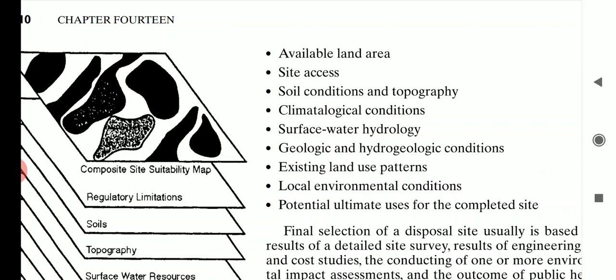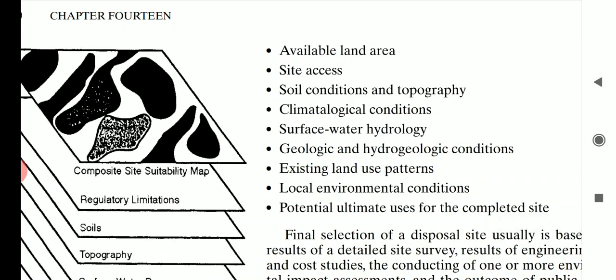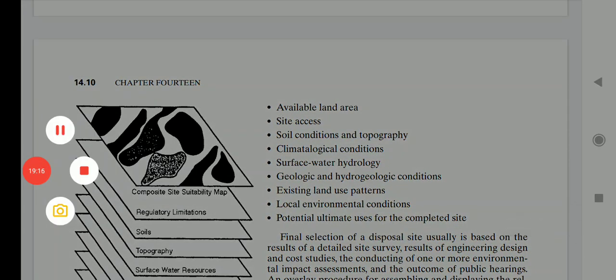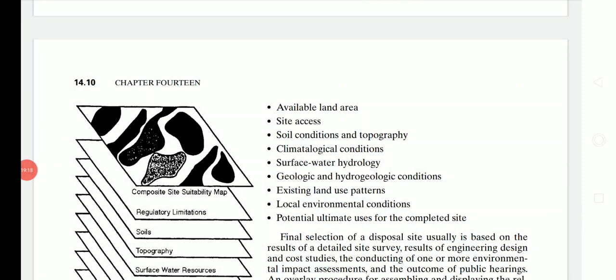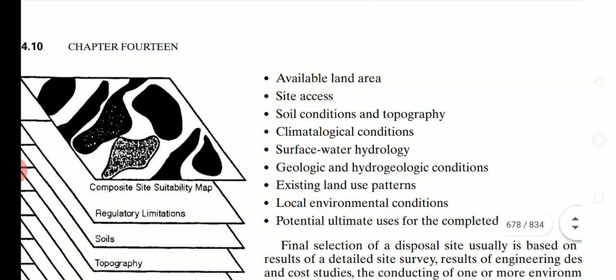Near the landfill site which you are selecting, no surface water source should be present, like rivers or ponds, because if it is present, the leachate produced from this site may percolate and pollute that surface water. So to avoid this, the surface water hydrology should be studied, and no surface water should be present near the landfill site.